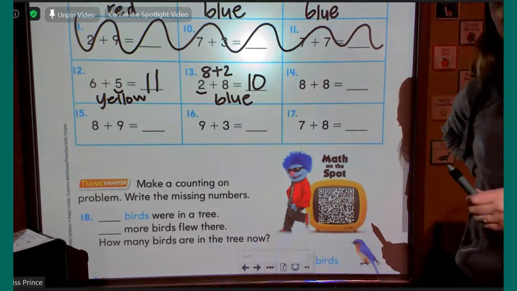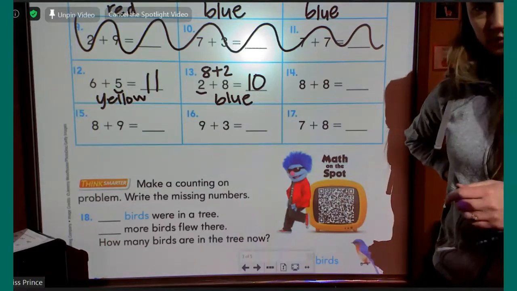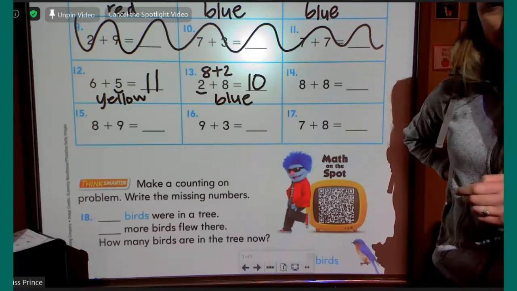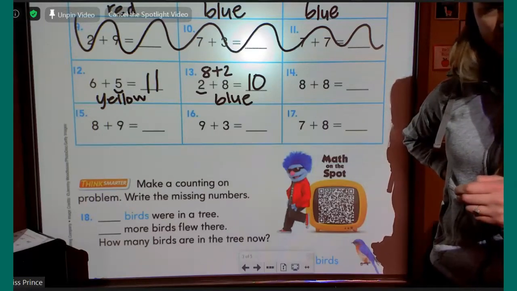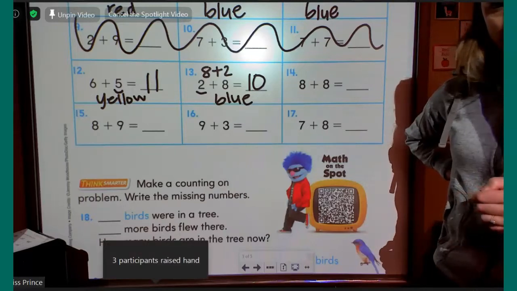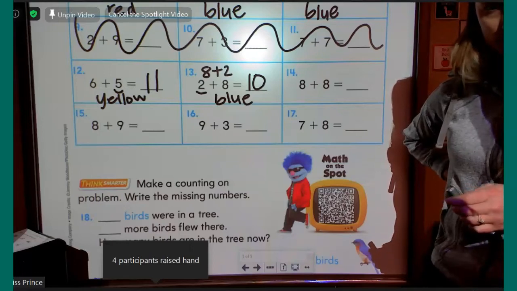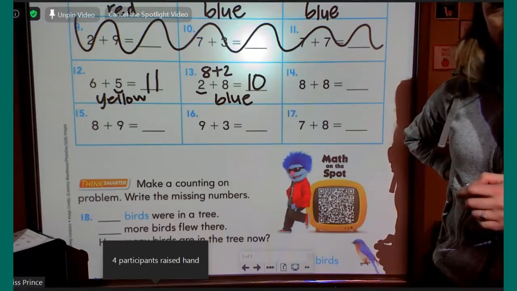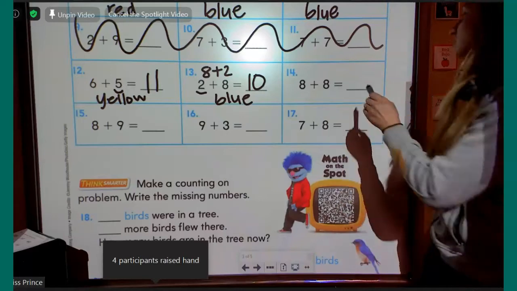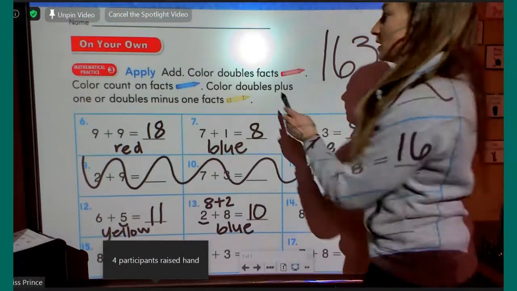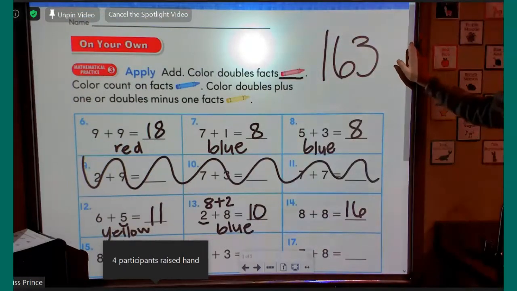Here's a double. Perfect. Nice job, Elias. 8 plus 8 is 16. We have a double, so we need to color it red.